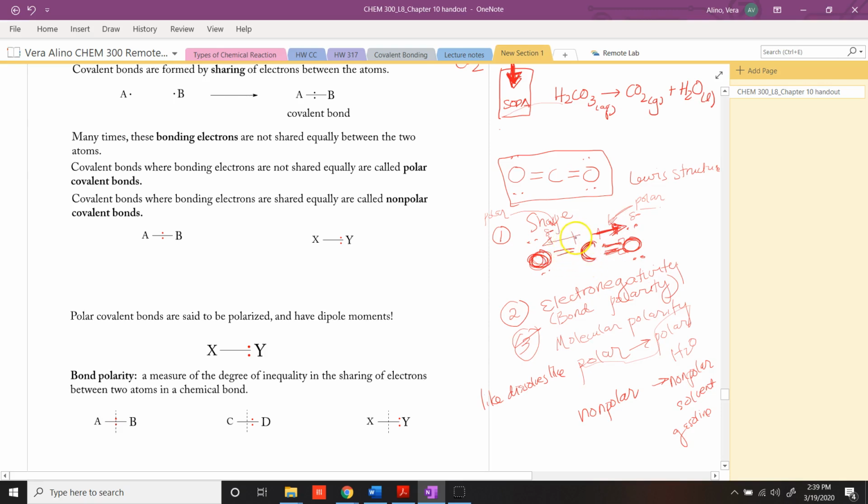And here's another twin on my other side, also pulling at the same magnitude. Guess what happens? The effect of this pull is going to be canceled by the effect of the pull to the right. And that makes this molecule nonpolar. There is no overall or resulting vector.